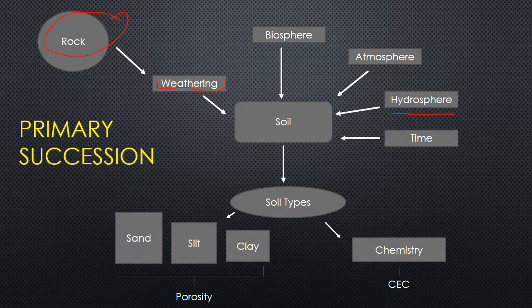The hydrosphere, basically meaning water. I think we just talked about most of these. But the biggest thing is that it takes time to create soil. And in fact, on average, it takes roughly 15 years to produce 1 inch of soil.